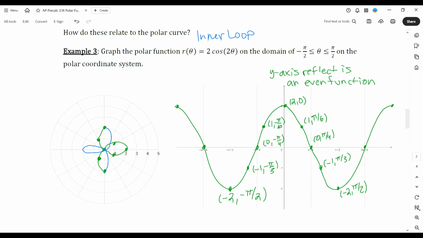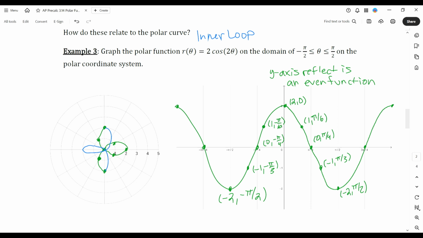What do flowers have? Yep. 2 times 2 gives you 4. If that was a 3, there would only be 3 petals, just because of how the graph works. And that flower would actually look a little bit different.